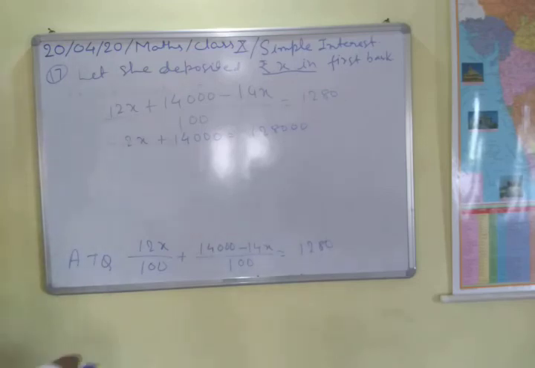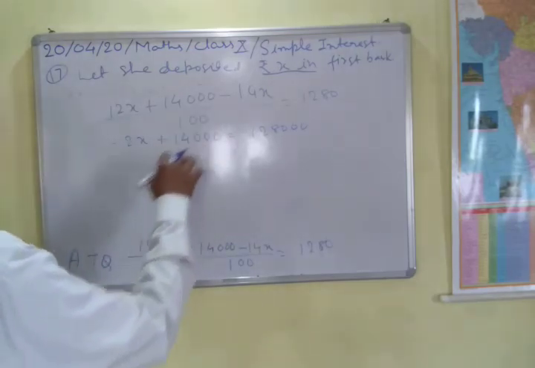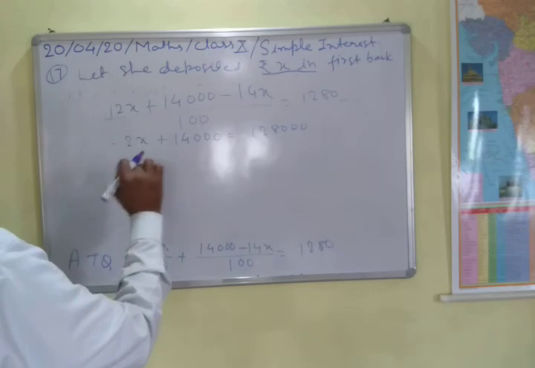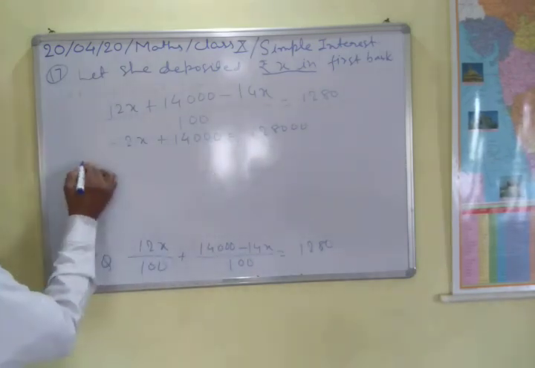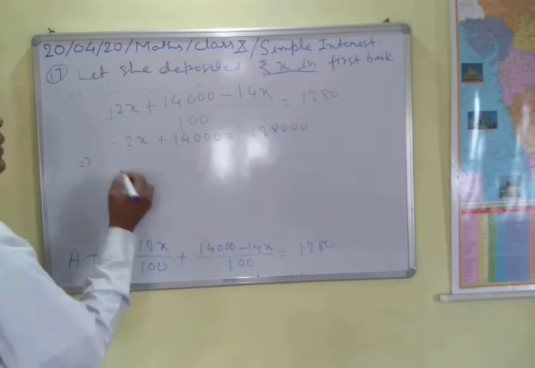No, it is right here. This is correct. Minus 14 plus 12 is minus 2x, and this is 14,000 here. So after solving this, we will get minus 2x.